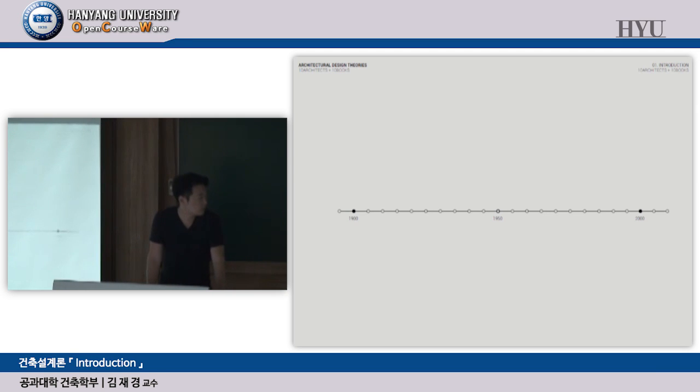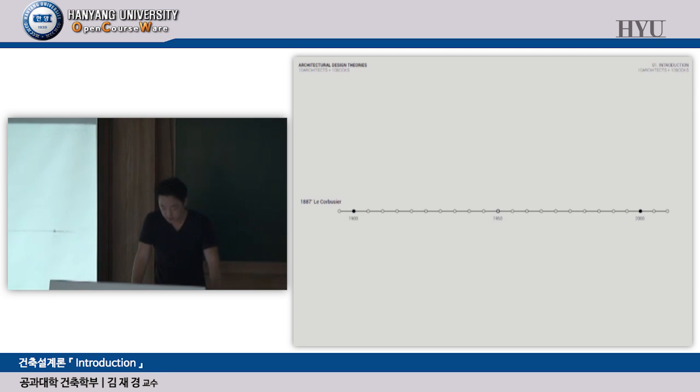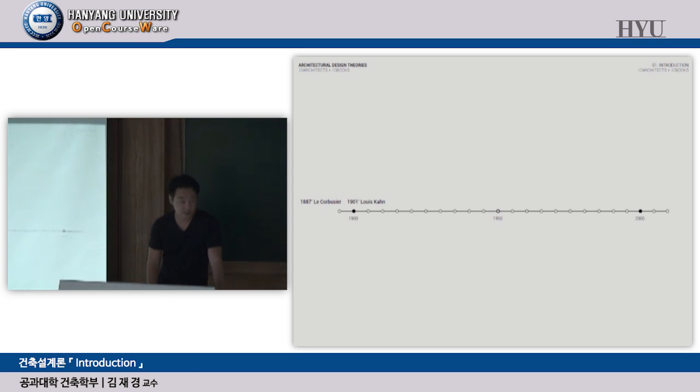We will mainly focus on the recent 100 years of architectural history. Let's look at the dates of birth, just for fun. In 1887, Le Corbusier was born in Switzerland, and Louis Kahn was born in the first year of the 20th century. Robert Venturi was born in 1925 in America.